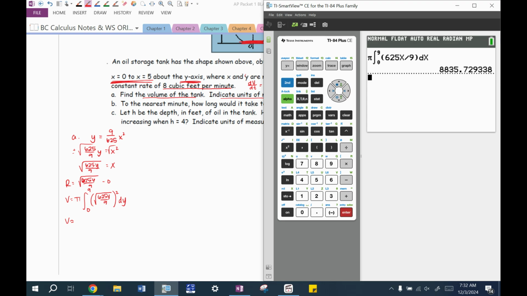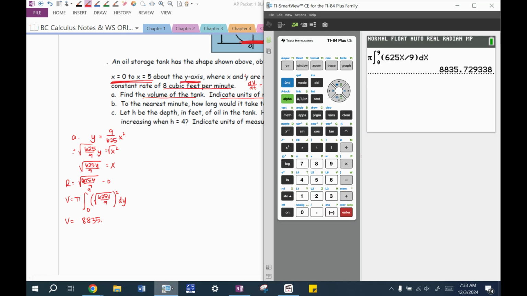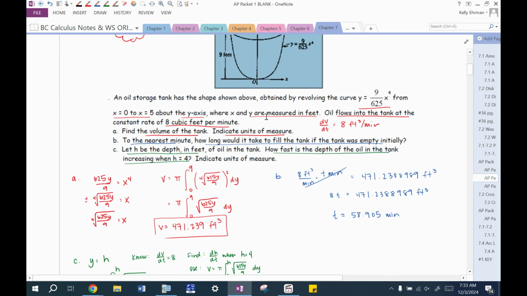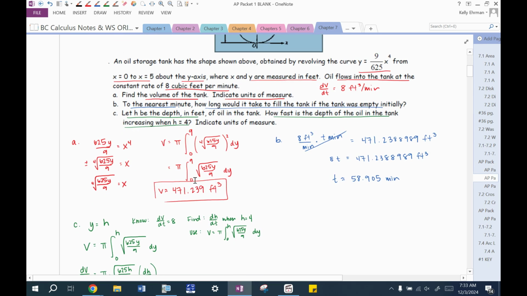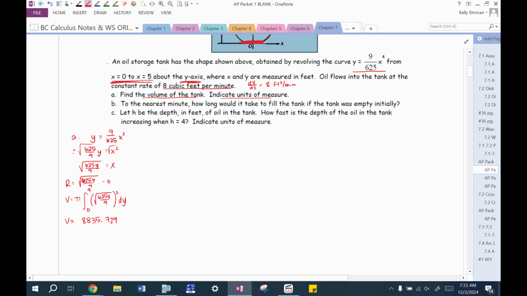So my answer is 8,835.729. Let me just confirm that with my first one because that answer doesn't sound familiar. Oh, what happened? Oh, it's a fourth root. Okay, to the fourth. It's not squared.